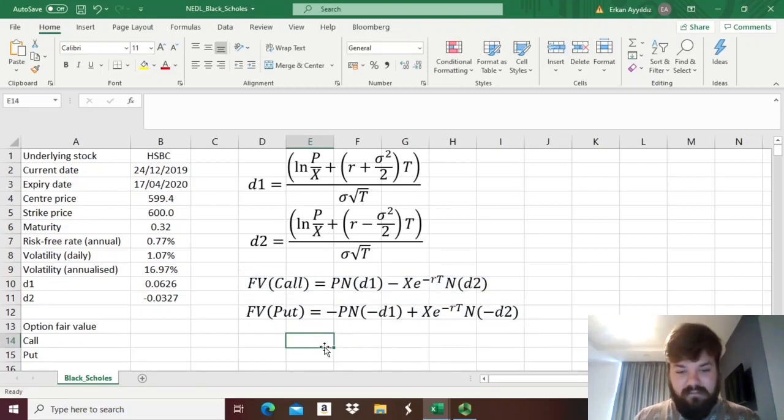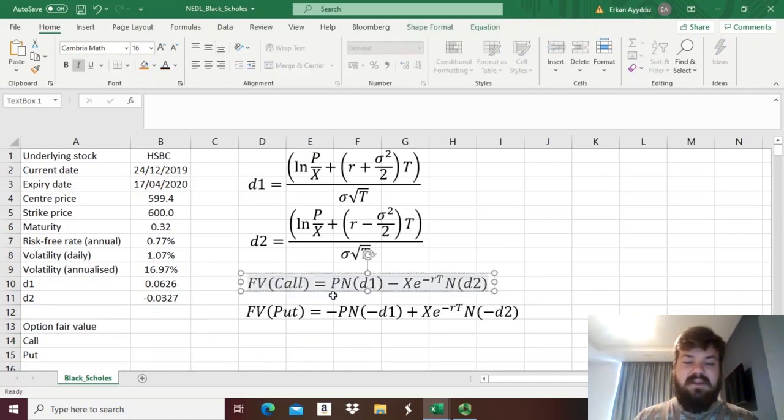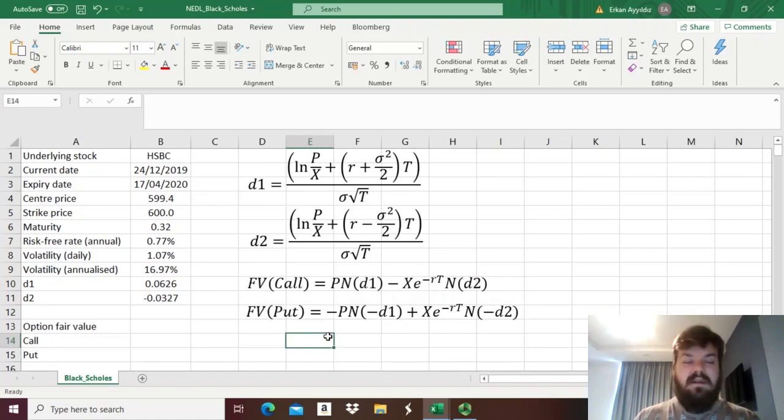Because we know that call options are exercised out of the money, so when the share price is higher than the strike price. So here the sign is positive. We want the share price to be higher than the strike price for the call to be valuable. And here it's a minus because puts are exercised in the money. So we would like the share price to drop below the strike price for the put option to be valuable.